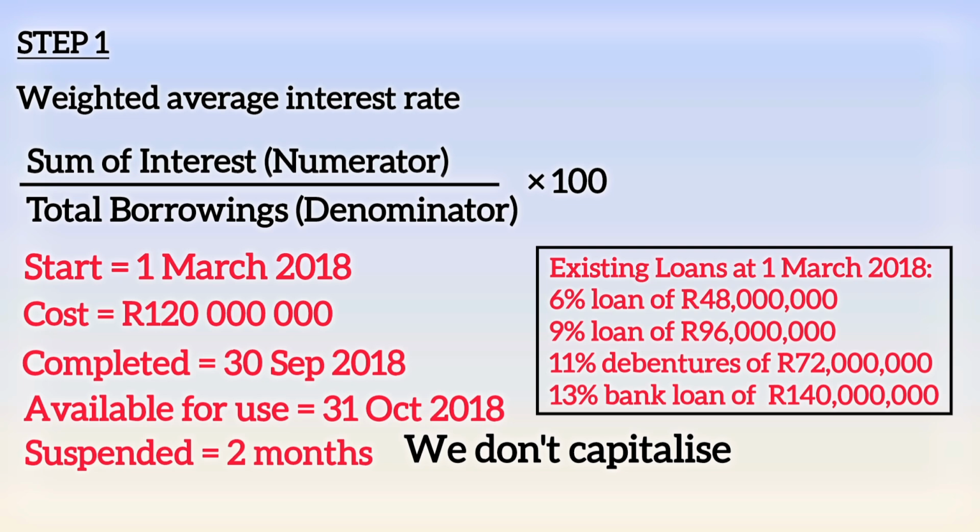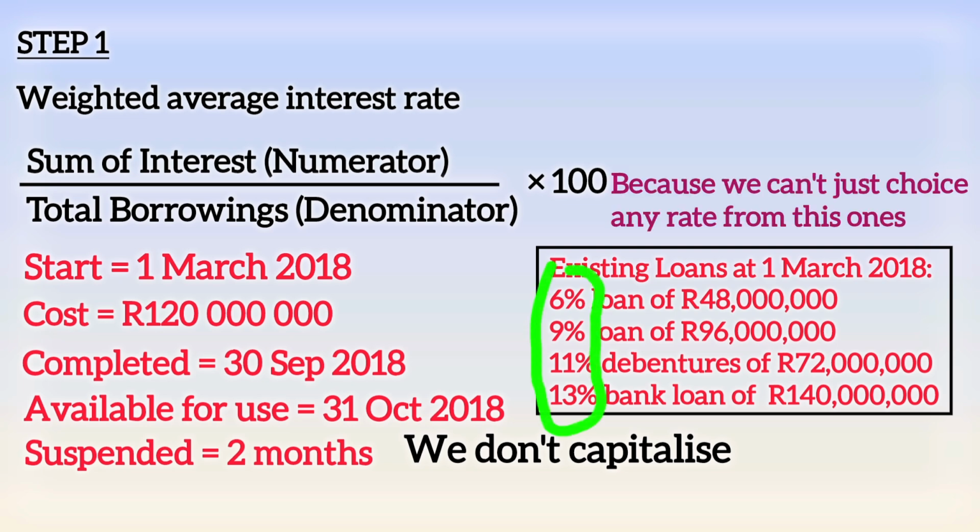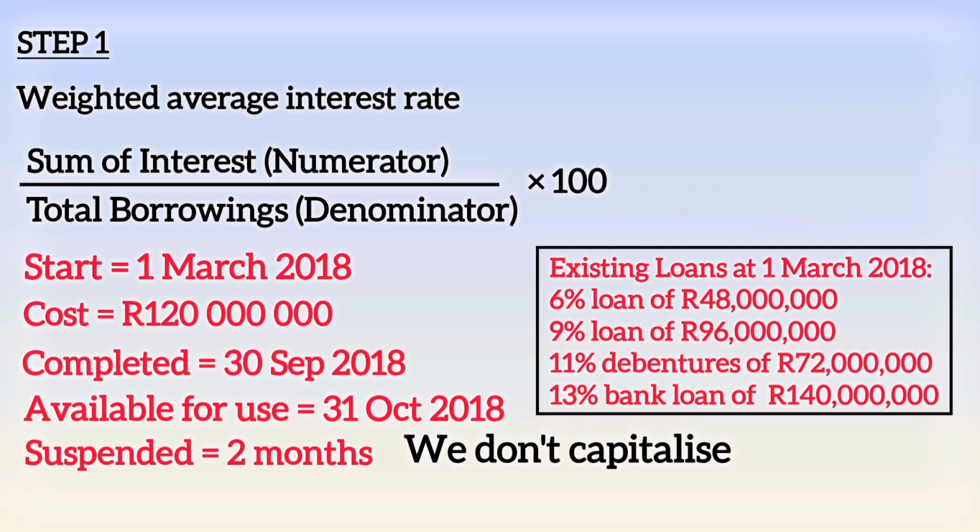So in this question, we don't have specific borrowings for the project. We use the weighted average rate of the general borrowings. The full 120 million is treated as a qualifying expenditure. The capitalization period runs from 1 March 2018 until when the asset was ready for use, which is 31st October 2018, except when capitalization is suspended for the 2 months of interruption.